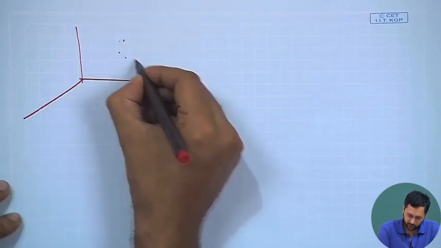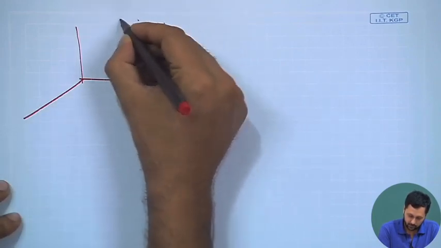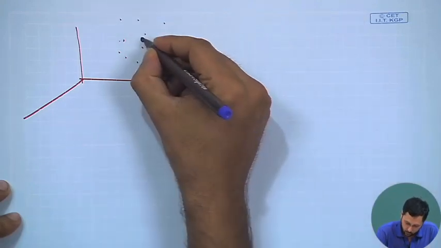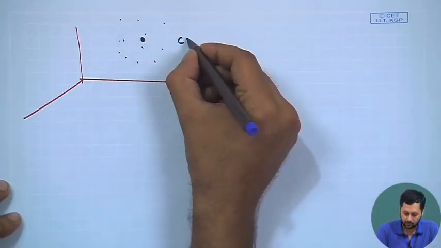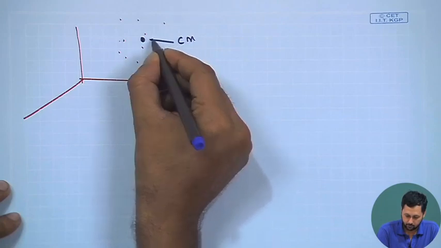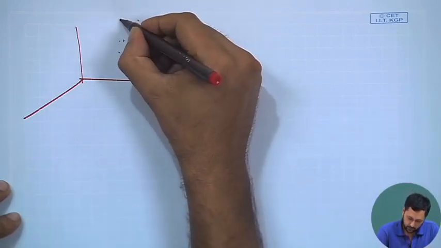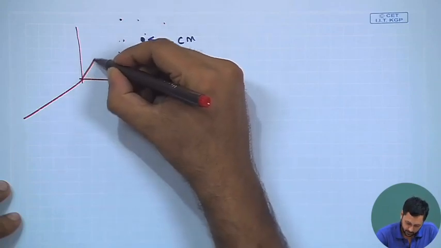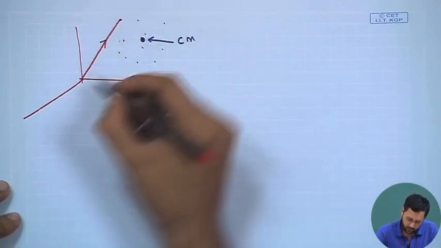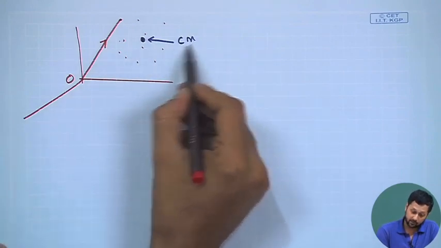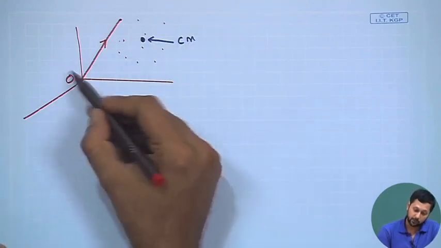So, this is my system of particles. This blue dot is my CM. For any particle here, with respect to my arbitrary origin, please understand that the center of mass is also defined with respect to this origin.